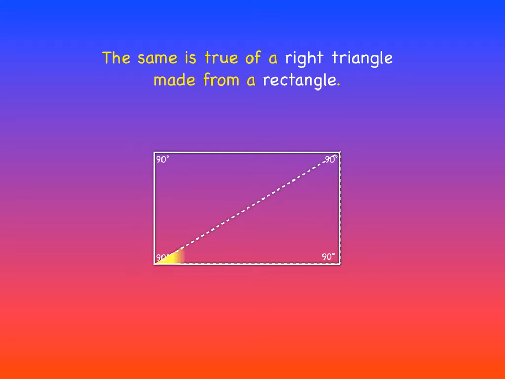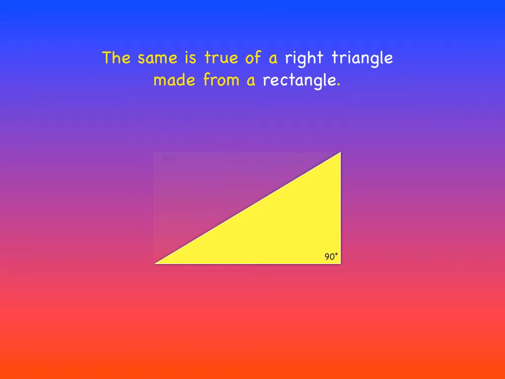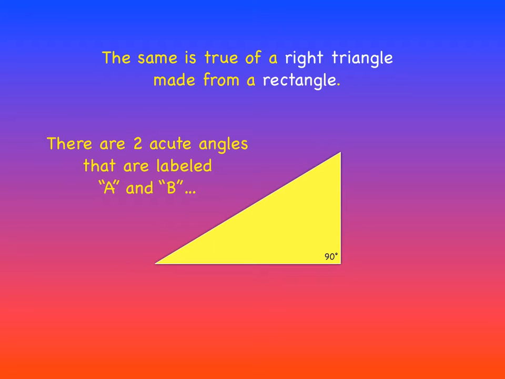If we start with the diagonal, we get two right triangles. Erase one of them. There are two acute angles that are labeled angle A and angle B. And the right angle is angle C.